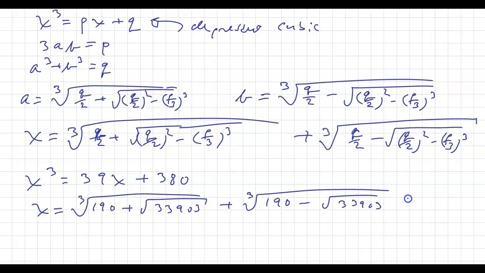Which, just so you know, is not 9, but it's really close to 9. Or specifically, I'm going to write down that it's 9.0098, if we need that much accuracy.